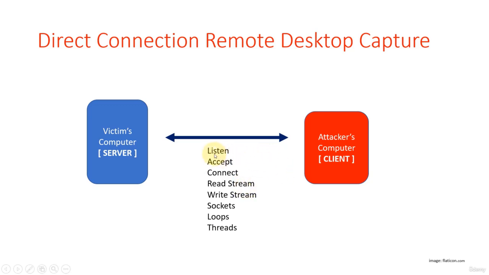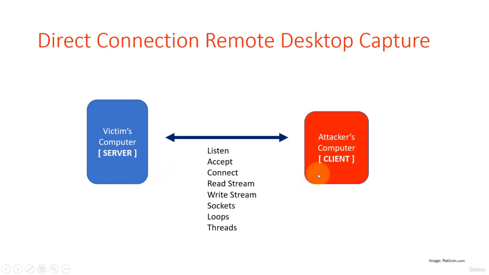We need to have a listening socket, a listening port, and then there needs to be an acceptance of a connection request, and then there's also a connection initiation from the client.